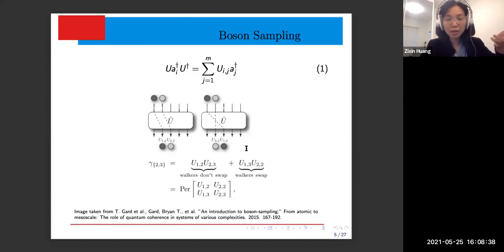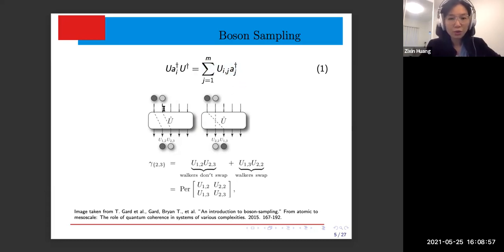To give you some intuition as to why this is proportional to the permanent, if you have a creation operator a_i acted upon by the unitary, then it transforms like this.